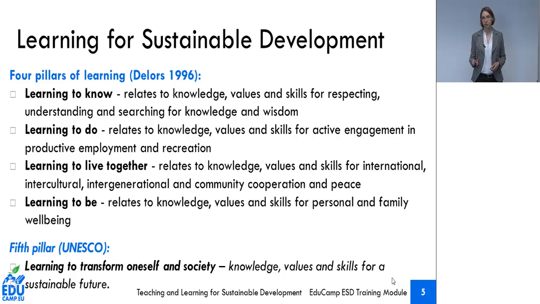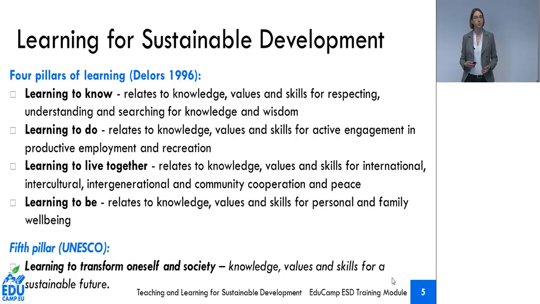When we think about the first one now, learning to know, this really relates to knowledge, also your values and skills for respecting and understanding and searching for knowledge and for wisdom. Learning to do also relates to knowledge, values and skills for your active engagement in productive employment and also recreation. So it's what you are doing. Learning to live together.